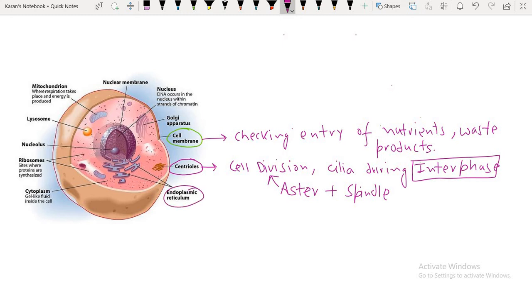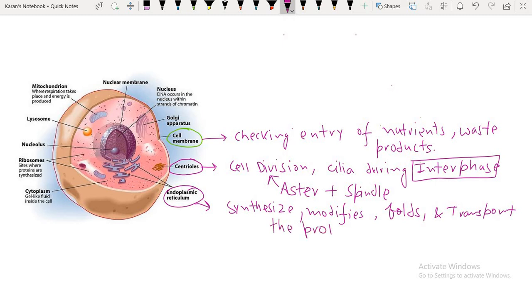The next structure you can see is ER, endoplasmic reticulum. Endoplasmic reticulum basically synthesizes, modifies, folds and transports the proteins.